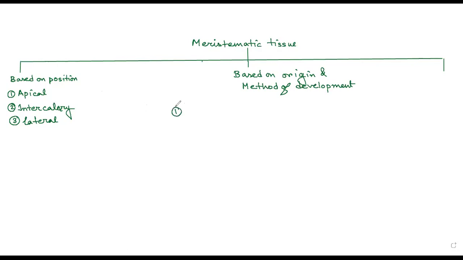First type is known as promeristem. So what is this promeristem? In case of promeristem, the speciality of this is it is originated from embryo.